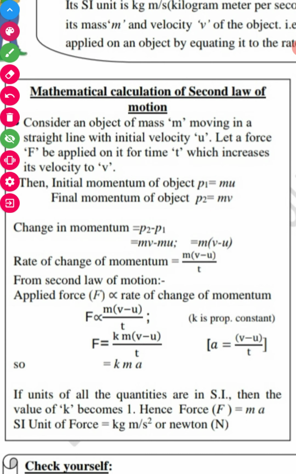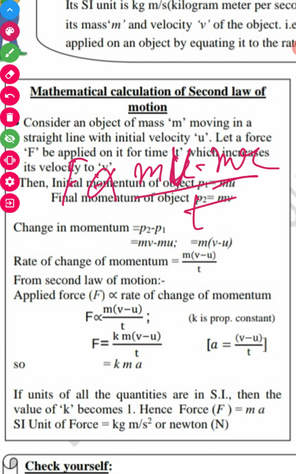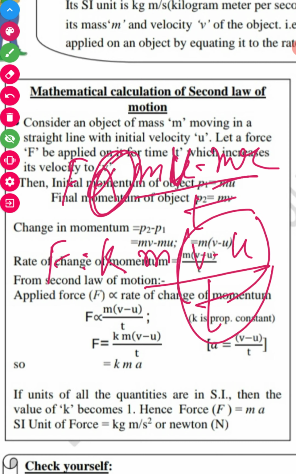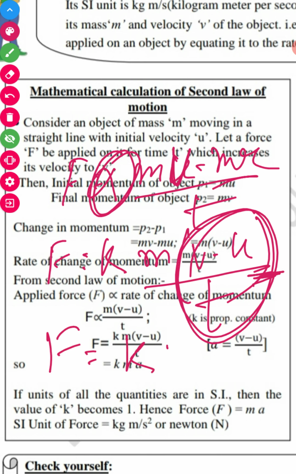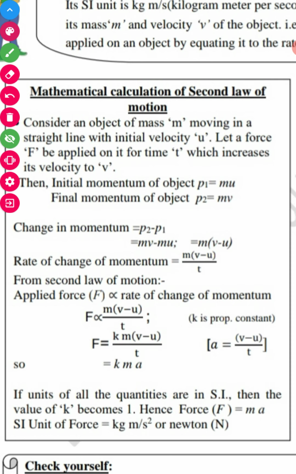So we have F is directly proportional to m(v minus u) divided by t. If we remove the proportionality sign, we have k m(v minus u) upon t, and as we know (v minus u) upon t is equal to a, then F is equal to k m a.